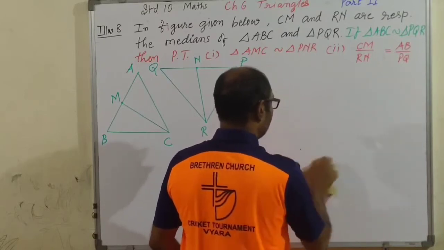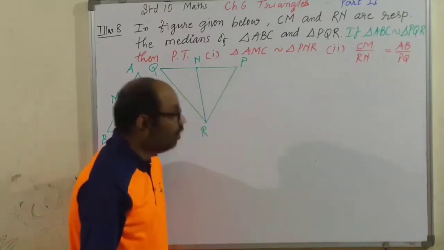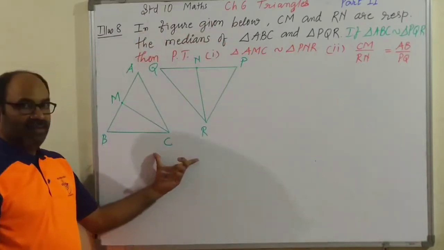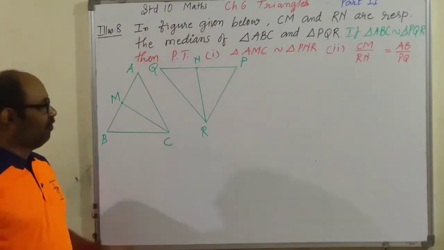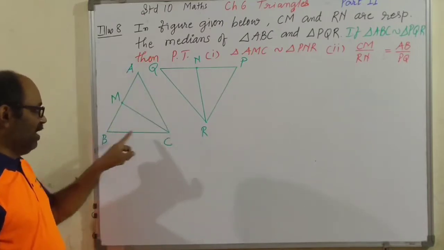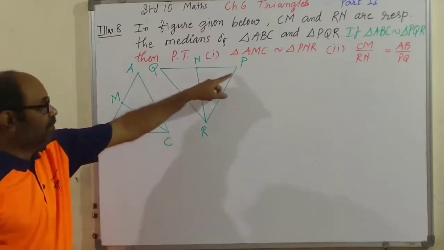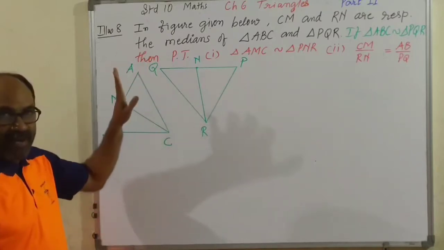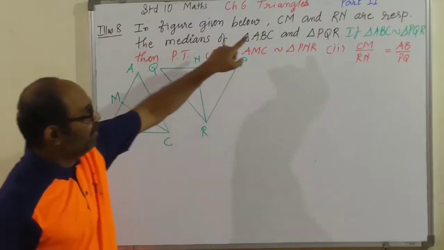Now see the statement of illustration 8. In the figure given below, what you will find? Triangle ABC, triangle PQR, and you can see one line segment each. Let's read and see.